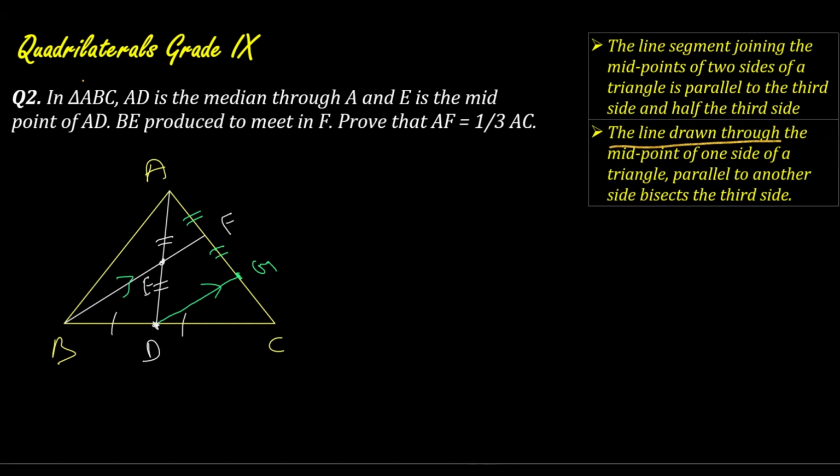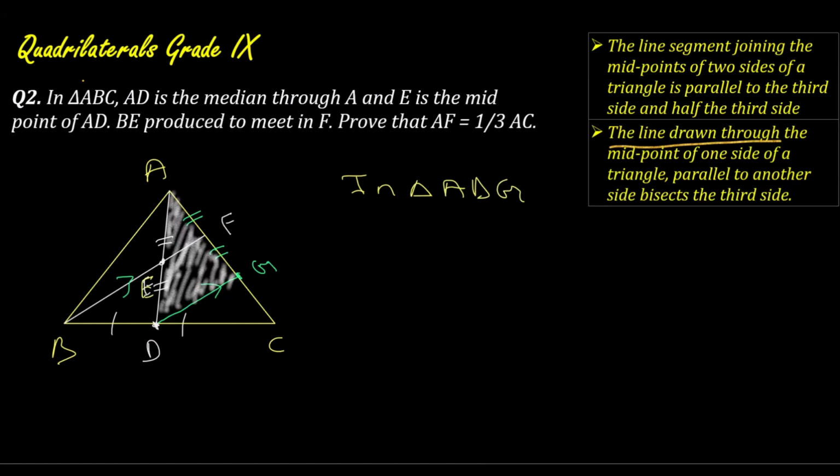And before that, we need to mention the triangle, right? I'm going to consider this triangle. It should be clear from the figure. So we'll be writing that in triangle ADG, we have E, right?